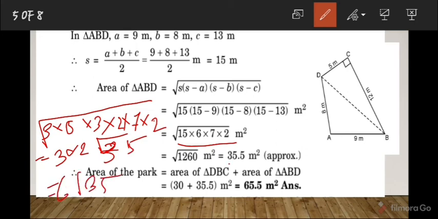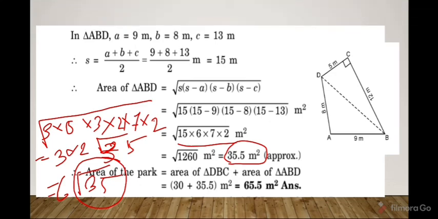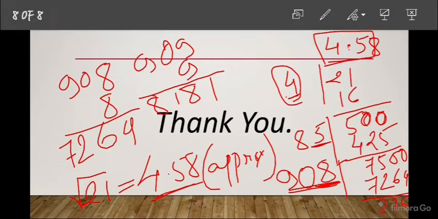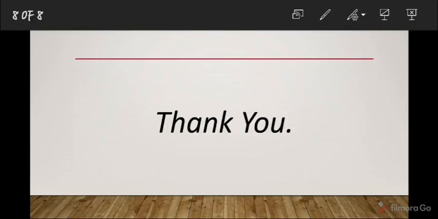But here the value is given as 35.5 meter square. How? Okay, now that means you have to find the value of root under 35 in decimal form. So now we'll check what will be the value of root under 35 in decimal form.